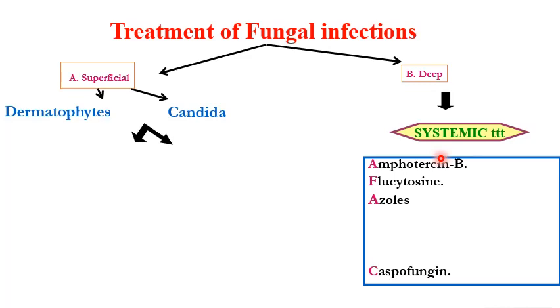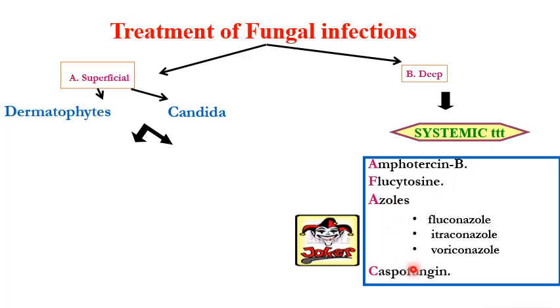For deep fungal infection, we use Amphotericin B, flucytosine, azoles, and caspofungin. So, drugs used to treat deep fungal infections are Amphotericin B, flucytosine, azoles, and caspofungin.